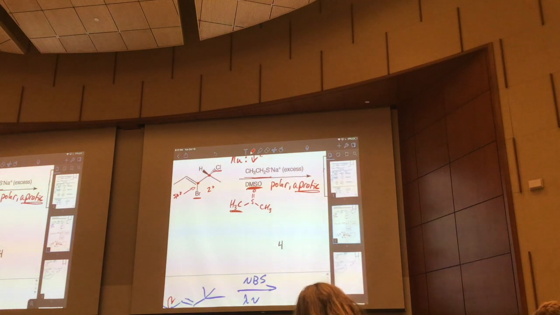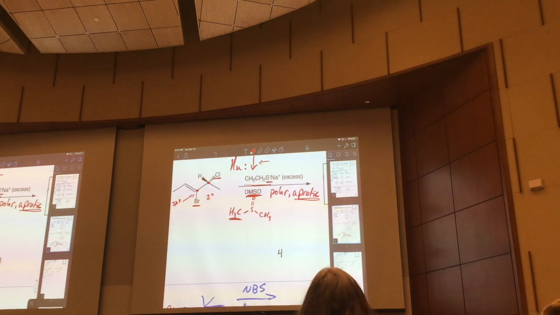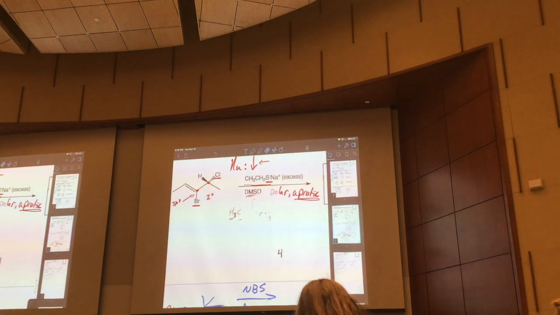If you have no help with ionization, it's more likely going to be a second order reaction. So everything here is pointing to second order. This sulfur here is pointing more towards a nucleophile than a base. So if you know it's second order, and that it's probably a nucleophile, not a base, what do we have? SN2. We're good.